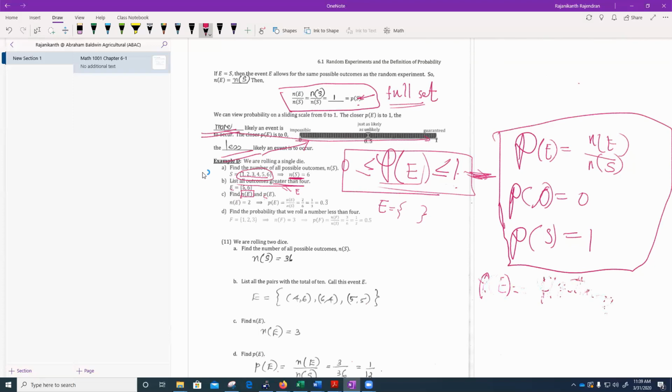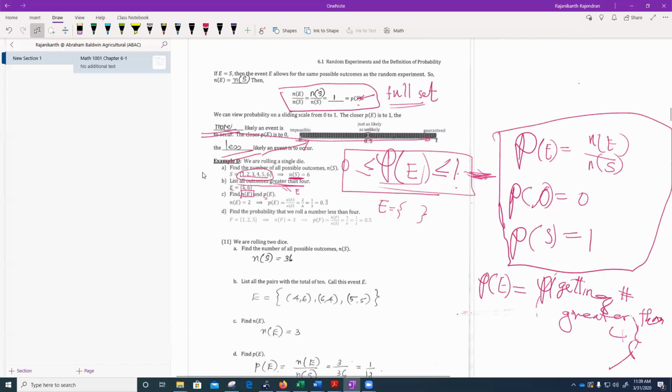The meaning of this is the probability of getting a number which is greater than 4. Yes, because my set is the numbers bigger than 4. So this is the meaning, and you have to put it in this pattern. We are finding how much chance there is to get a number greater than 4.